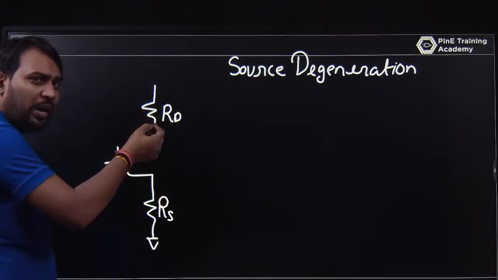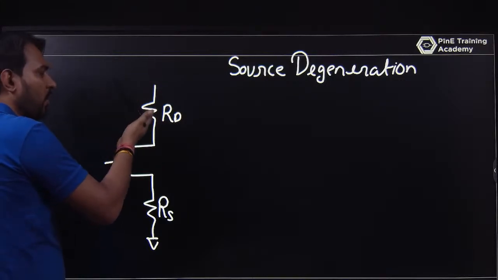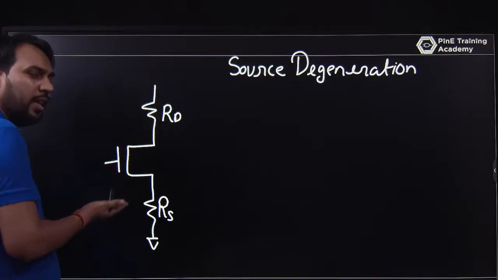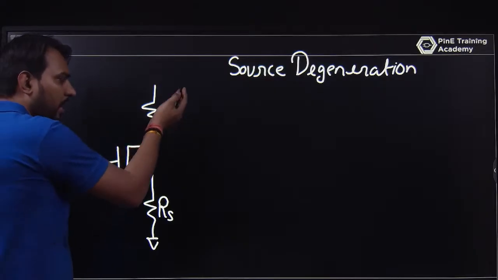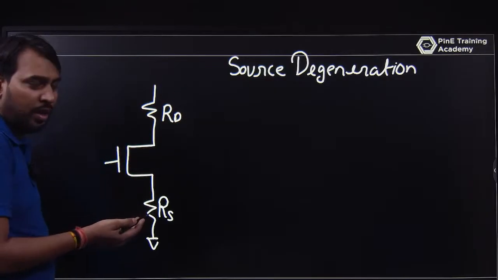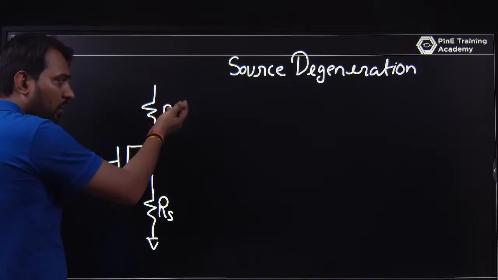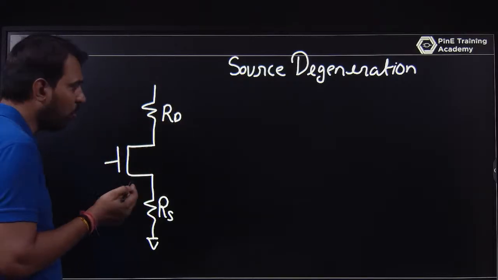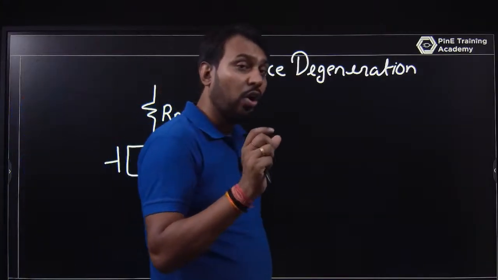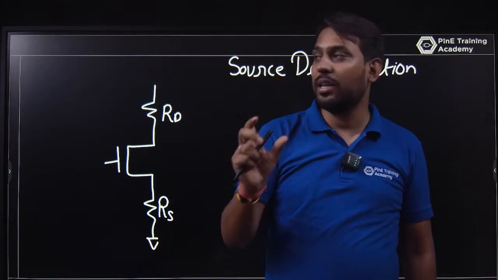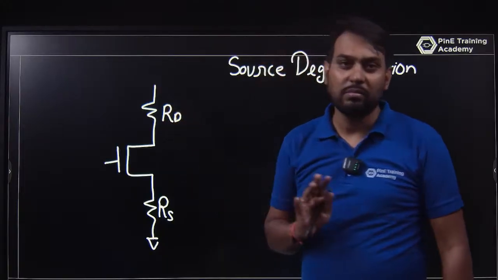You can use RD as a diode connected load, a current source load, or anything. Okay, the name is RD. If you are using a diode connection, it will be 1 by GM2. If it is a current source load, that is R02. It's up to you. That's why I am giving that concept; I am not saying you must use one particular thing.